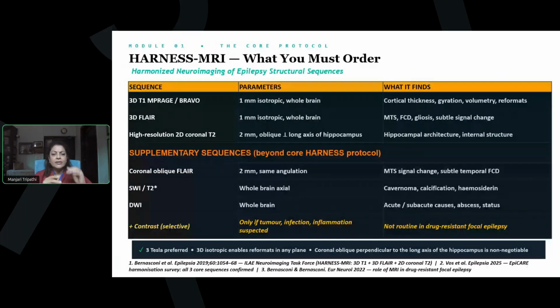So it's really fine sections of the brain which can define various pathologies which are shown in the last column. And supplementary sequences which we do at our center is, of course, the arterial spin labeling. And we also do a DWI in most of our patients. Contrast scanning is really not required unless you're suspecting active infection, which is rarely the case in drug-resistant epilepsy.